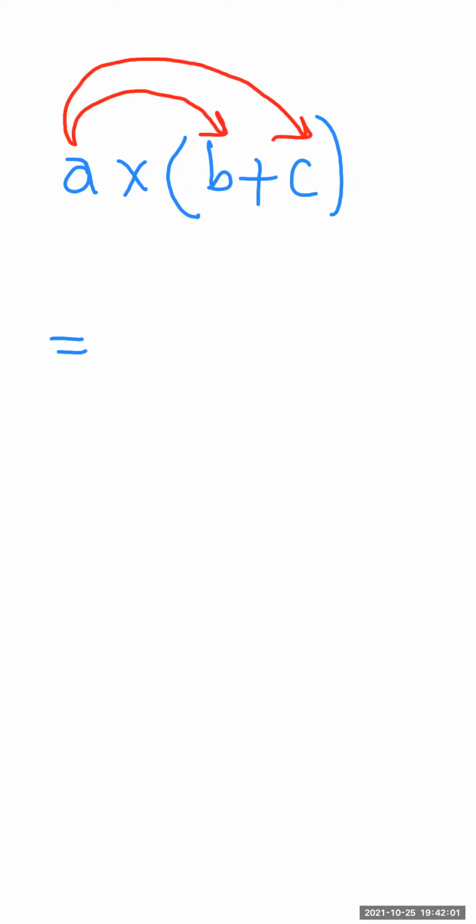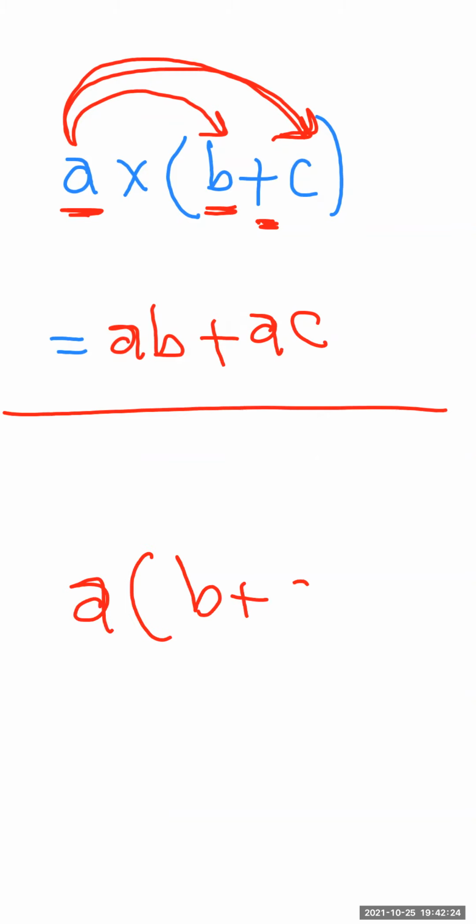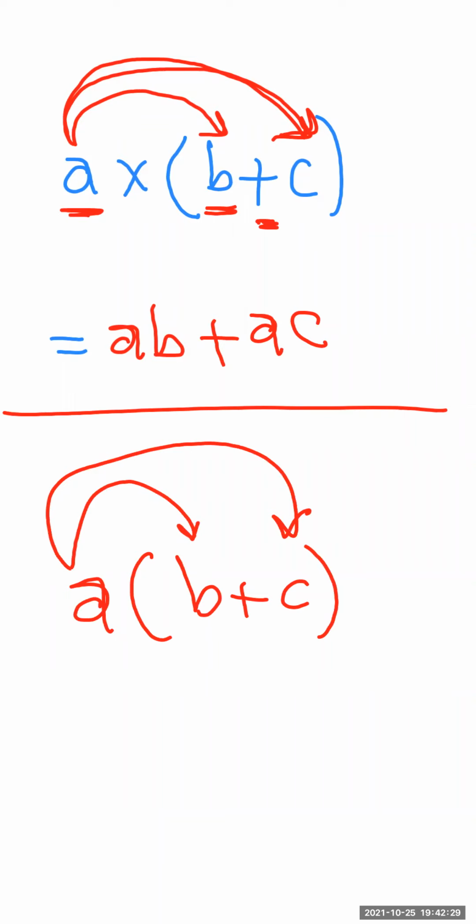So it will equal a times b, which is ab, plus a times c, which is ac. In this case, multiply a by b and then by c, so ab plus ac.